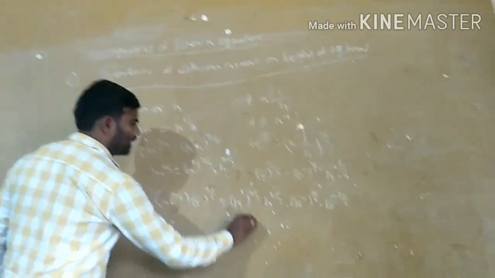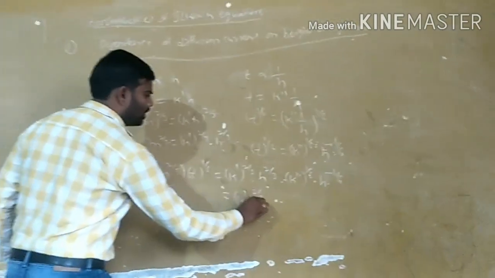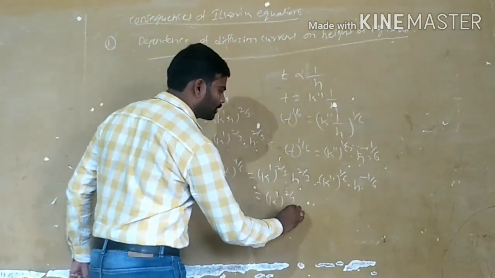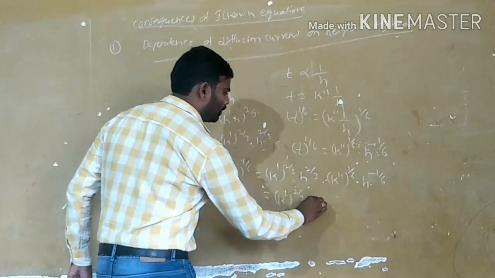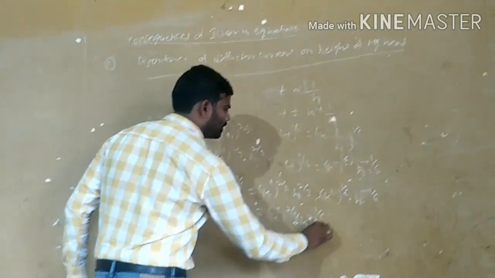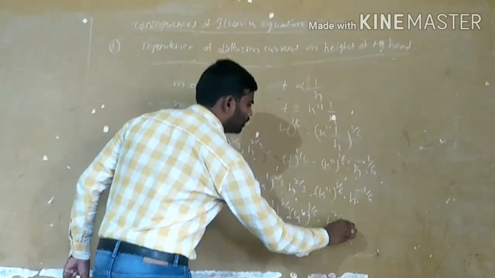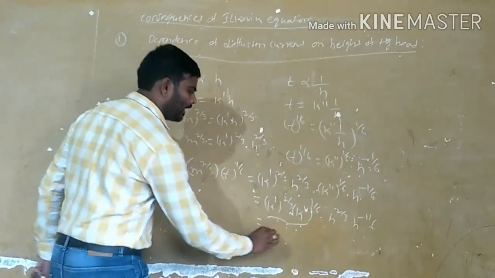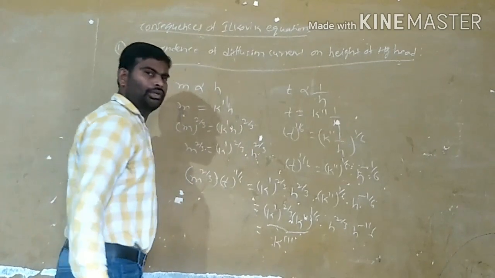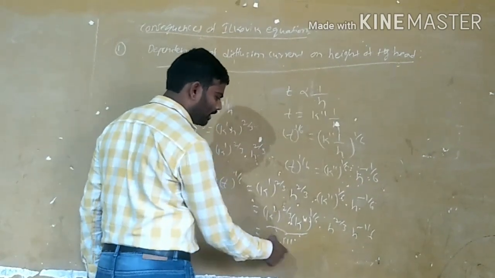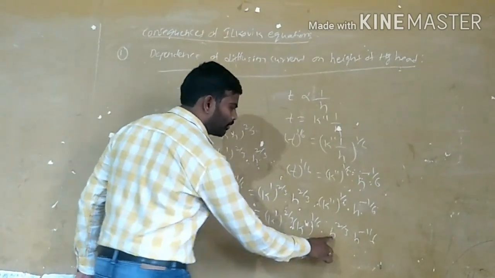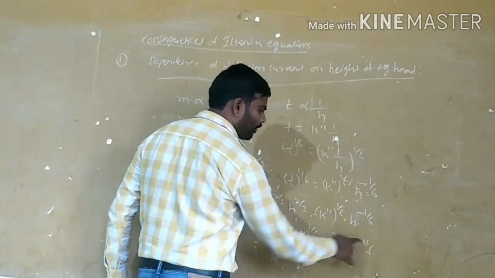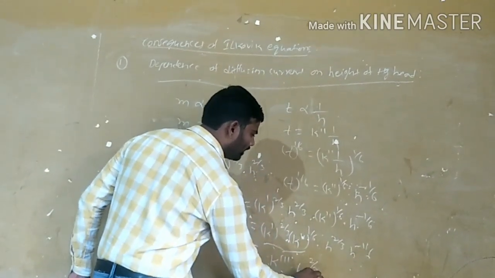From this, taking the constants to one side, it is equal to h to the power 2 by 3 into h to the power minus 1 by 6. I am taking these two constants again as k triple dash, replacing these two constants with another constant, and here the bases are the same, the powers will be added, that is h to the power 2 by 3 minus 1 by 6.